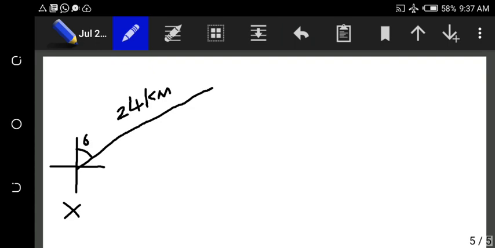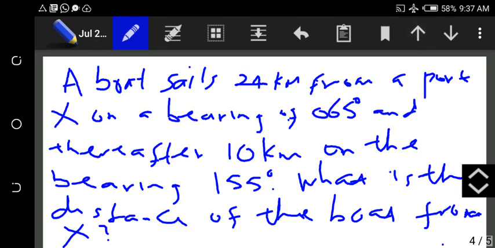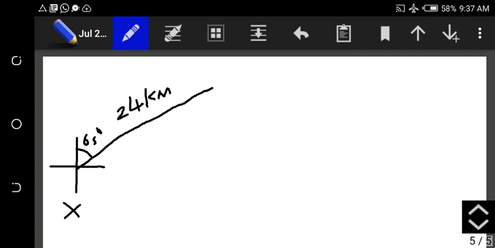So when it got to this point, 24 kilometers away from X, it got to that point.